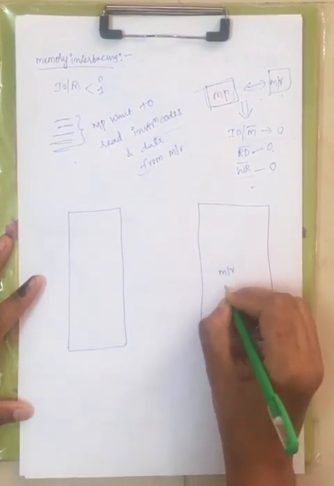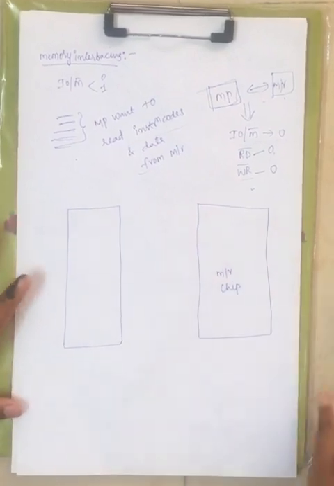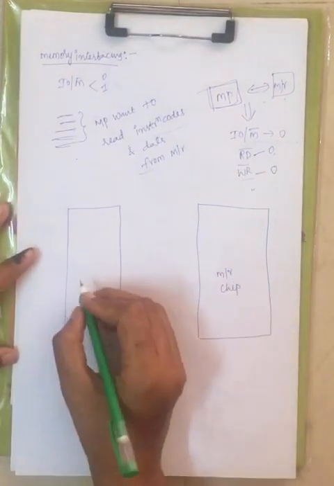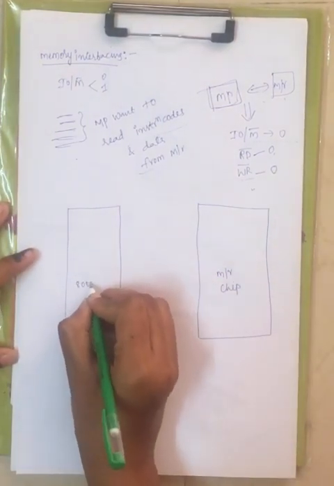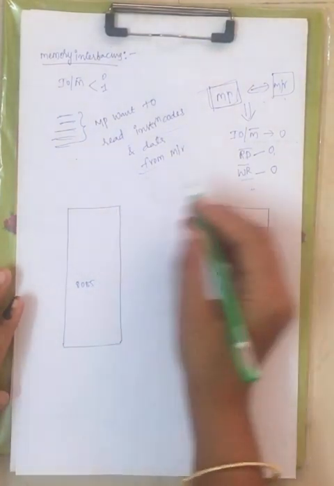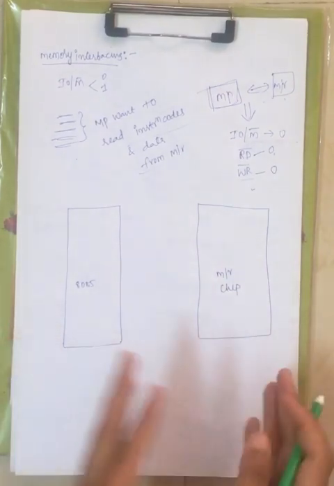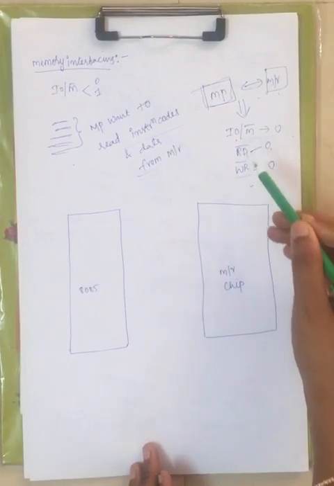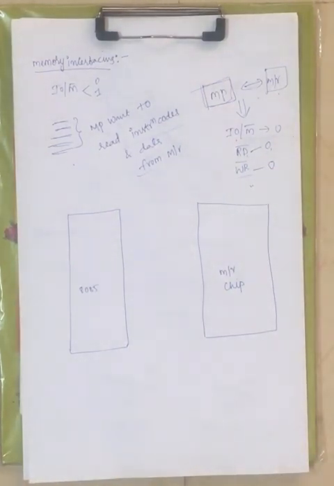After that, I will give a problem, then you will come to know how to interface your microprocessor with the memory chip. Now this is your 8085 microprocessor. What are the three signals required to interface the 8085 with the memory chip? One is IO/memory bar, another is the read signal, and another is the write signal.